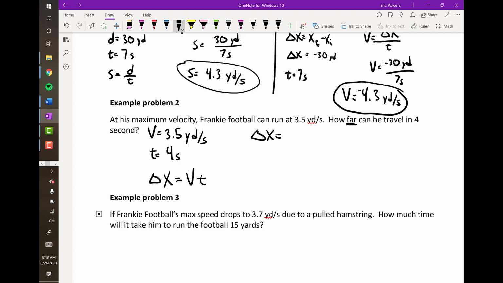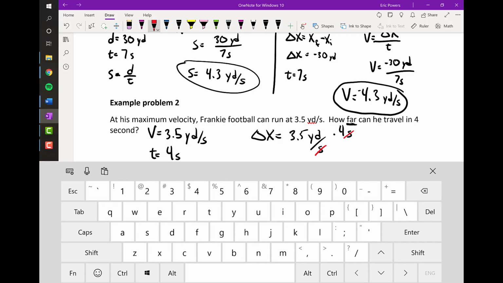Displacement is equal to 3.5 yards per second times 4 seconds. Now, this is not something you need to do, but it's nice to see units canceling out. Since the seconds on this is at the bottom of the fraction, this is just a whole number, which basically acts as s over 1. Okay? You can cancel out those seconds, leaving only the units that we want, which are yards.